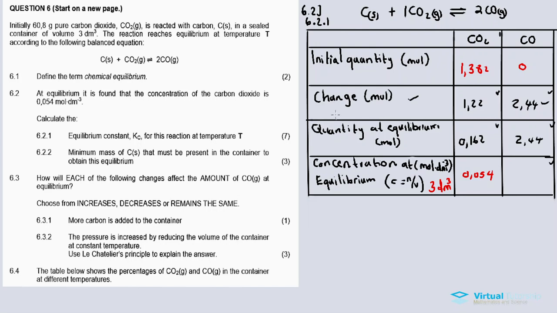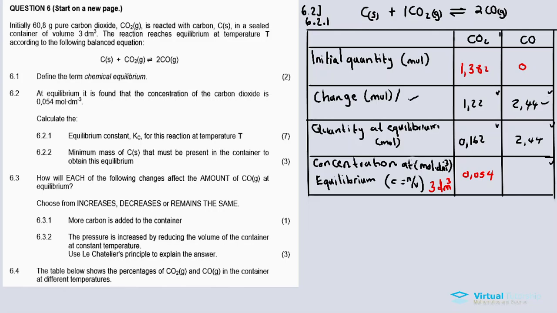So that's the change. I don't like this table because it's one-sided. You focus only on reactants. They were supposed to say change or formed, or reacted and formed number of moles. So the reacted amount is 1.22 for carbon dioxide, and the formed amount is 2.44 for carbon monoxide. So since this is the formed amount, at equilibrium 2.44 remains as well.